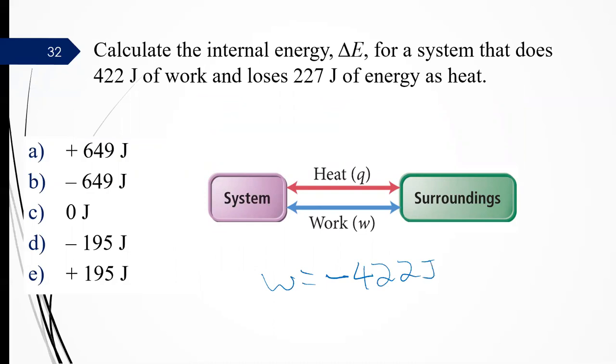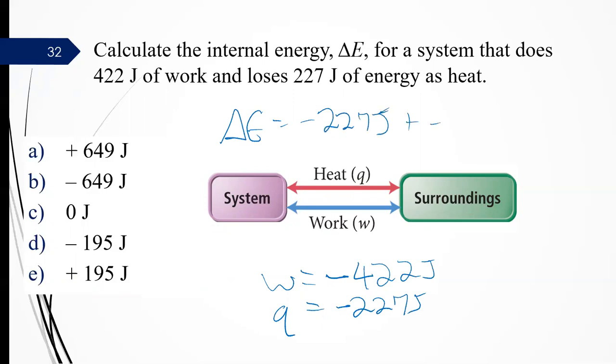It then loses 227 joules of heat. So our change in energy should be Q plus W: negative 227 joules plus negative 422 joules. And so our energy change becomes negative 649 joules.